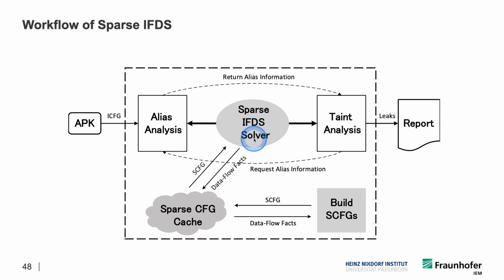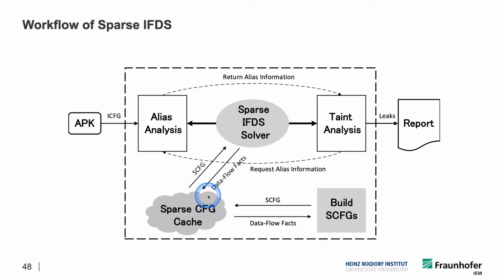But in both of these cases, they have an iterative approach where they create these sparse control flow graphs, or value flow graphs, or you could also say def-use chains. They create these graphs on the fly as they are needed. And they have a cache so that they don't end up creating the same sparse control flow graph, the same access path and the same procedure, multiple times.